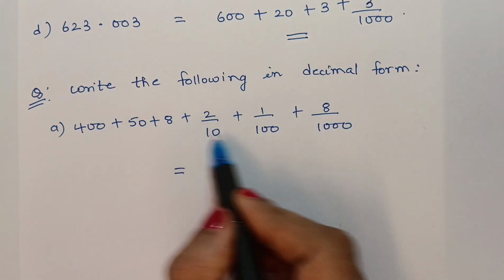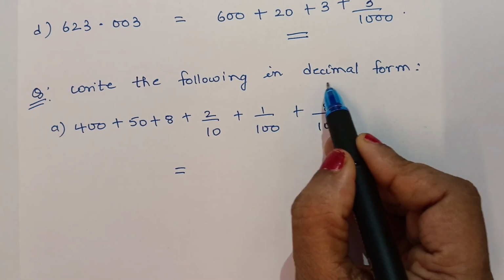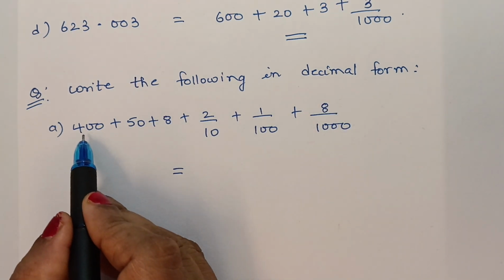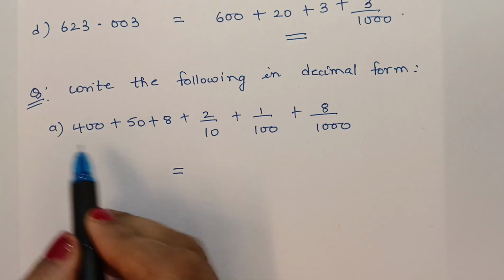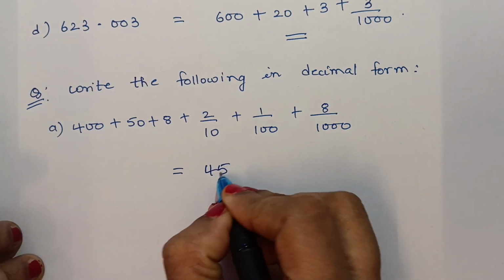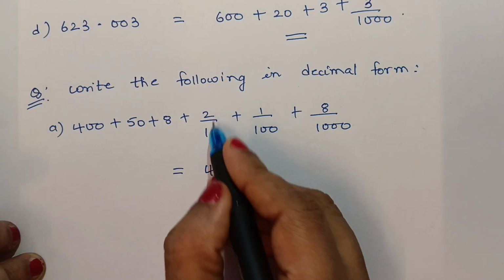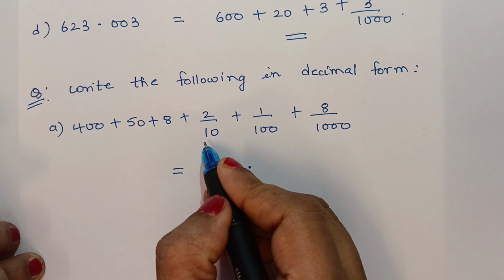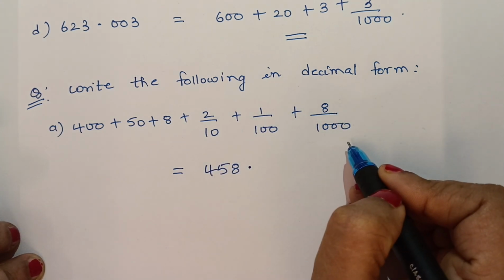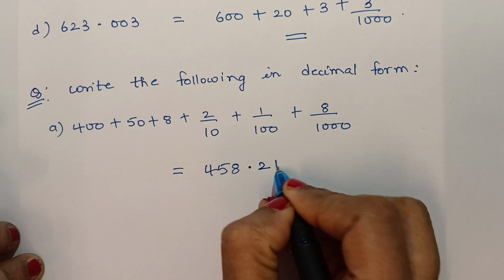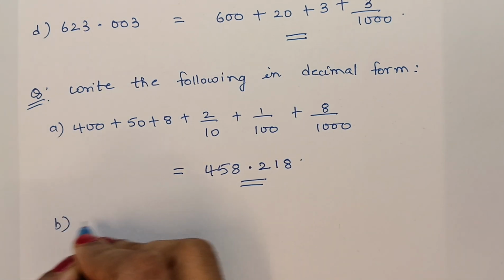You have to convert this expanded form into standard form, that is called the decimal form. So 4 is in the hundreds place, 5 tens place, 8 ones place. So it is written as 458. Now decimal point. 2 is in the 10th place, 1 is in the 100th place, 8 is in the 1000th place. So 218. This is your decimal form.